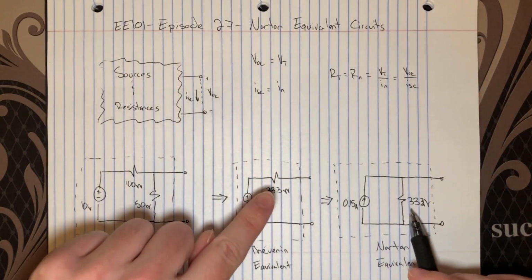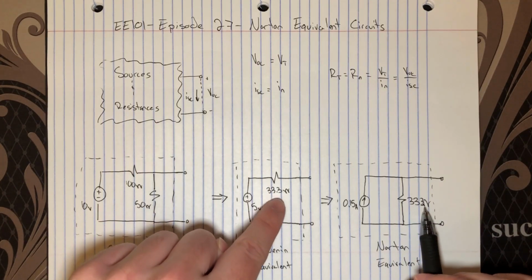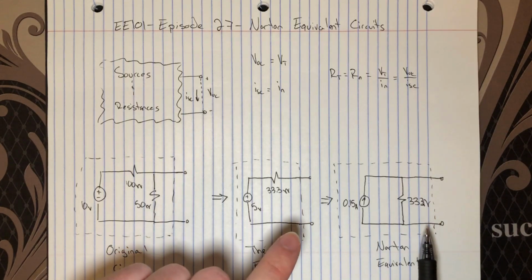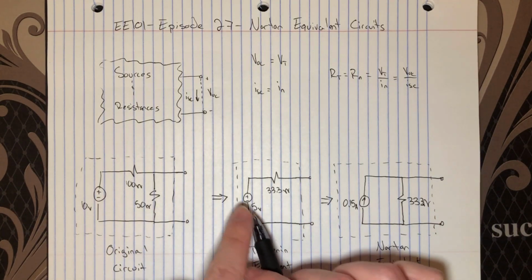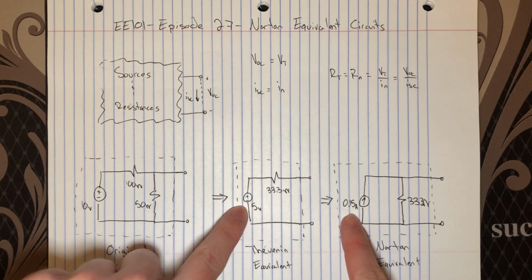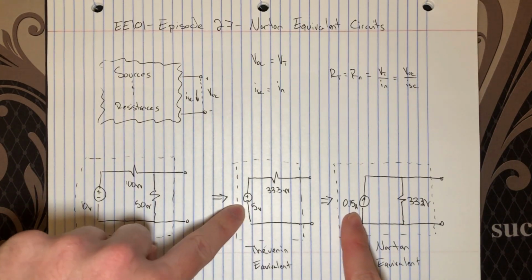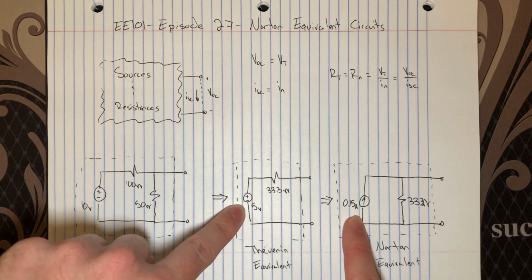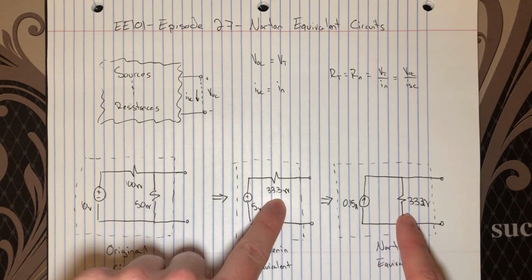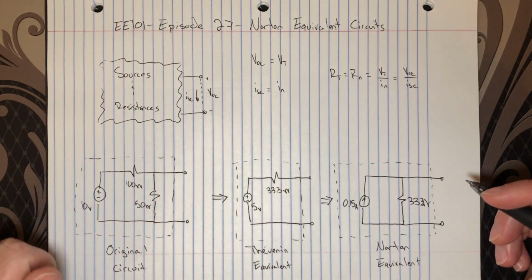You can see how the Thévenin resistance is 33.3 ohms, the same in both models, but what differs is the value of the voltage source or the value of the current source, and you can see that this voltage and current are related to each other via Ohm's law through this resistor, right? So just think about that to yourself for a second.